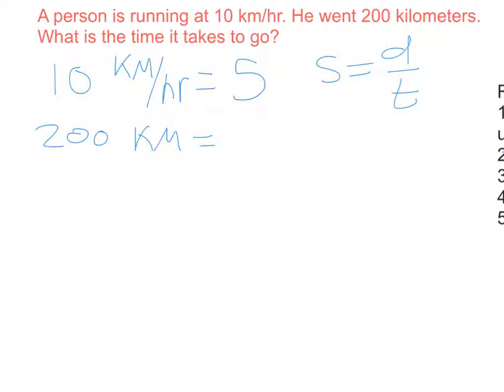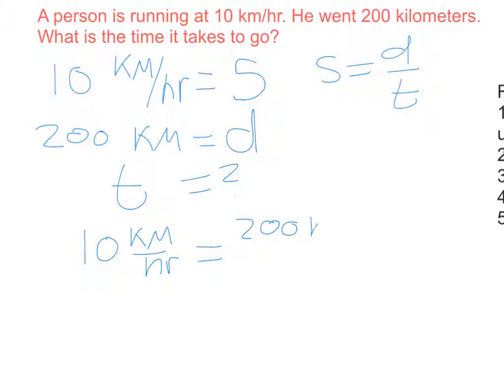So I'm going to say that's equal to D, which means T is my question mark. I don't know what T is. So now I'm going to do my substitution. So instead of S, I'm going to write 10 kilometers per hour. And I'm going to say that's equal to 200 kilometers divided by T, which is my question mark.